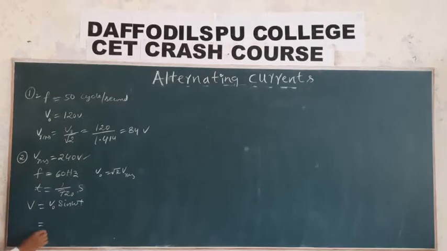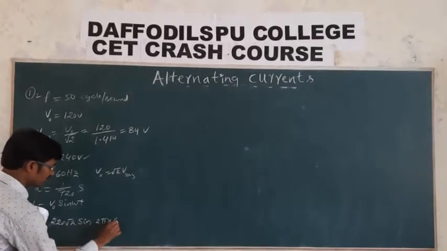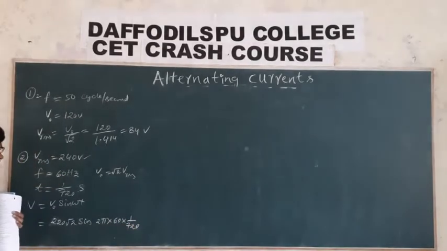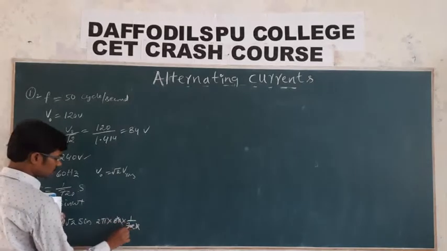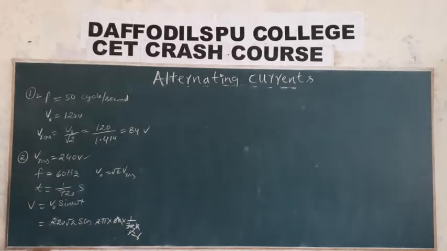That is equal to root 2 times 220, so 220 root 2 sin of omega t, which is 2 pi into f, 60, into 1 by 720. Here 720 divided by 60 gives 12, so it is 2 pi by 12, again it is pi by 6. Sin pi by 6 is what? 1 by 2.